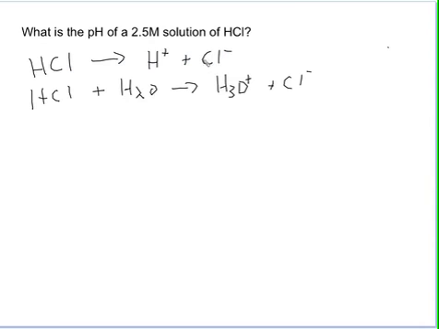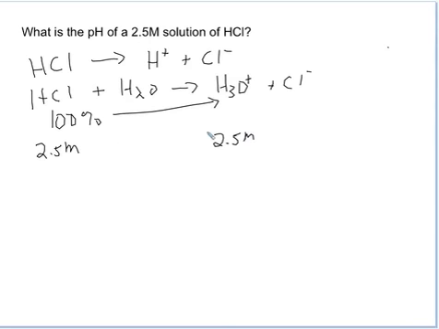But whenever you have this, 100% of the HCl changes into H3O plus ions. So if you have a 2.5 molar solution of HCl, that means you're going to have 2.5 molar of H3O plus, because 100% of it dissociates.